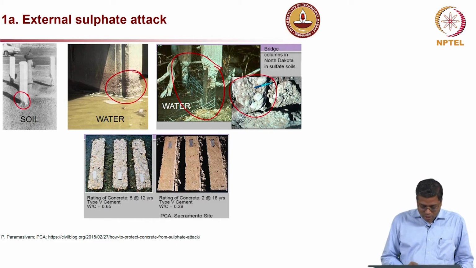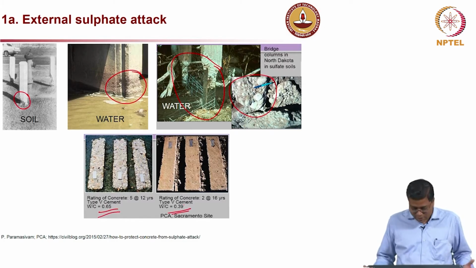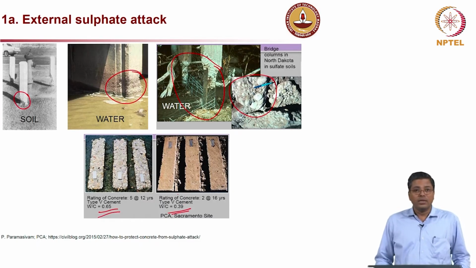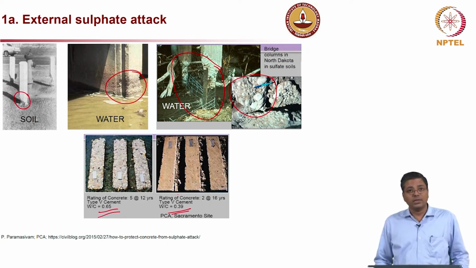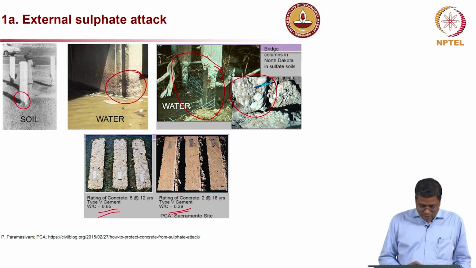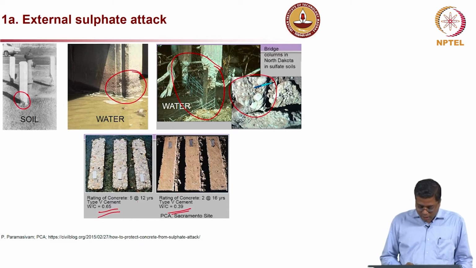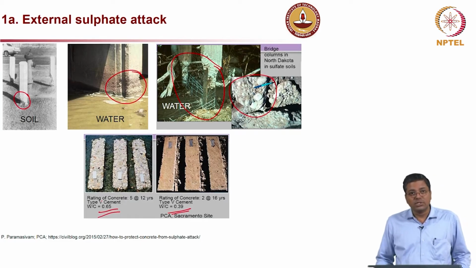Now, here on the bottom image you can see the water cement ratio of 0.65 and water cement ratio of 0.39, or let us say 0.4. The one with 0.4 or 0.39 is highly resistant against sulphate attack as compared to the one with 0.65 on the left side, and you can also see that both are using type 5 cement.